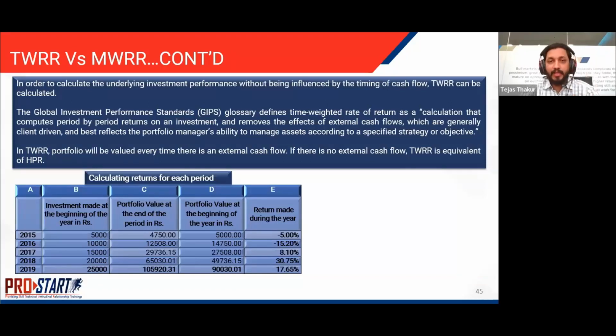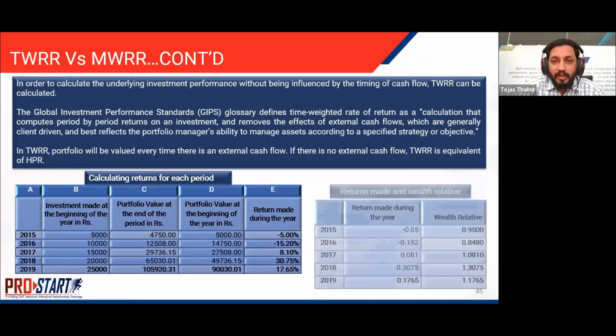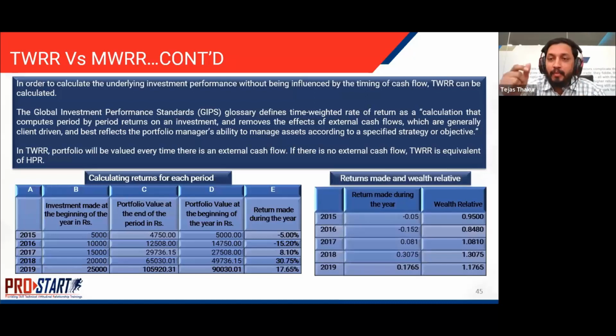5,000 rupees with the same rate of return methodology. So what TWRR does is, it basically does not compute the returns per period in terms of the starting value and the ending value. What it does is, it calculates a wealth relative, which means that for 1 rupee, if it is at a 5% loss, which means you lost 0.05 rupees or 5 paise basically, on a base of 1 the wealth relative is 0.95.